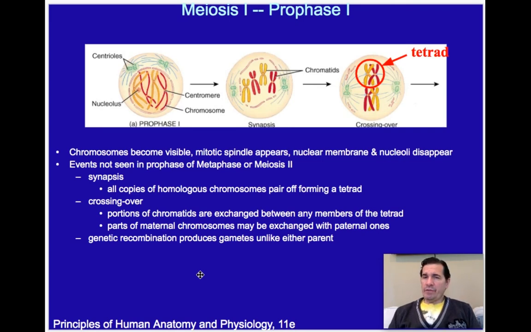But because there's a two-cell division process, we undergo prophase one, metaphase one, anaphase one, telophase one, and then we go through prophase two, metaphase two, anaphase two, and then telophase two, where we have the final endpoint. But right before we undergo any kind of cell division process, we have duplication or replication of our chromosomes, which means we get two sets of these chromosomes.